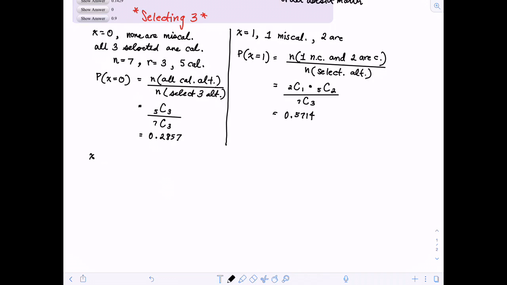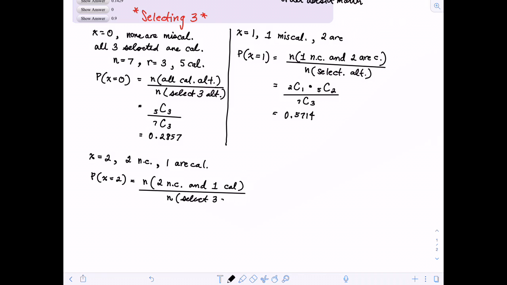Okay, great. And let's go ahead and select exactly 2. What does this mean? That means 2 are not calibrated and 1 is calibrated. So if I want to find the probability that exactly 2 are, now you can kind of see the pattern here. You're going to find the number of ways that you can have 2 that are not calibrated and one that is calibrated, all over the number of ways we can select three altimeters.